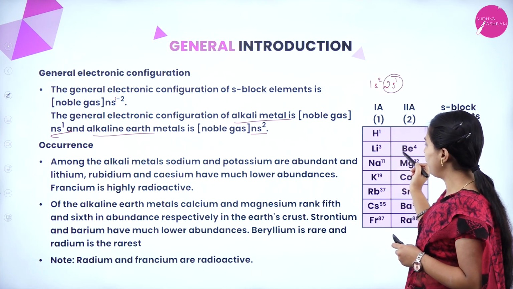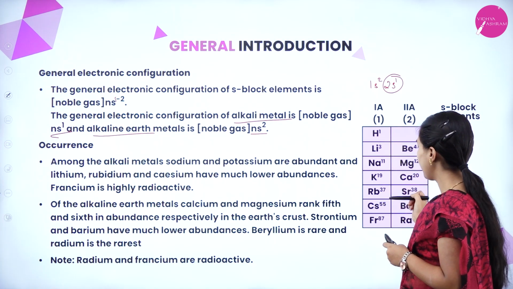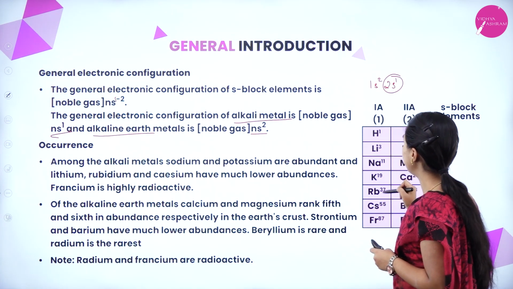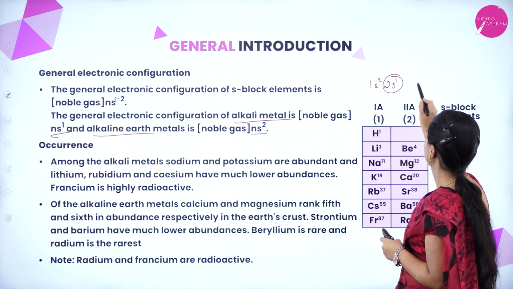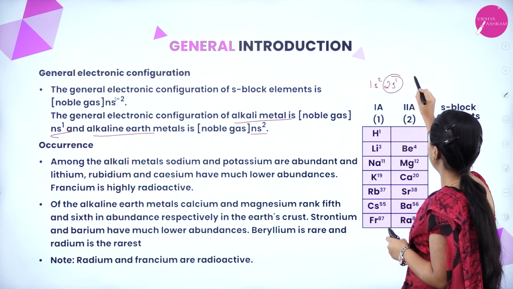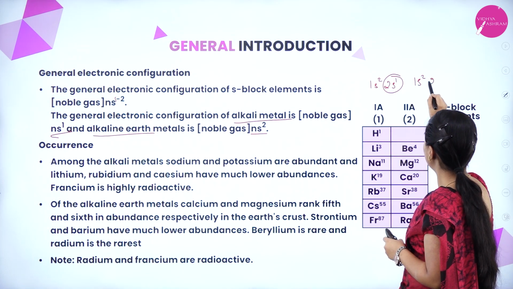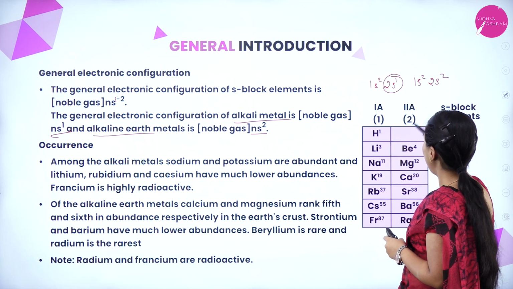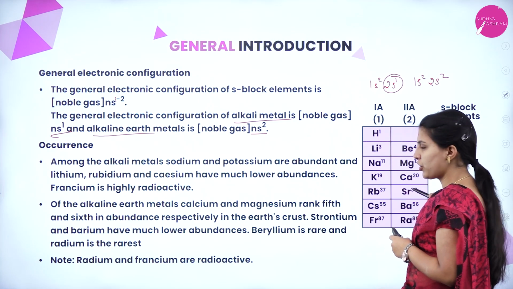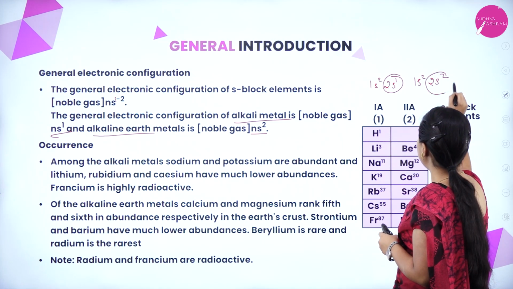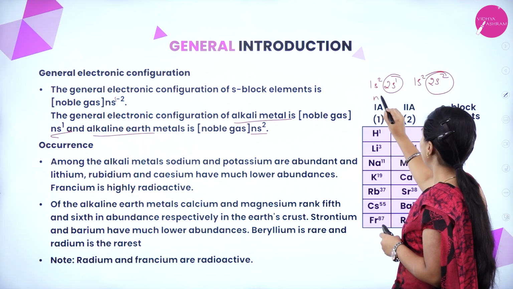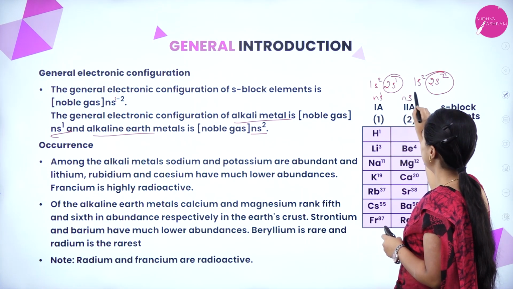If you take sodium, potassium, rubidium, cesium and francium, all will end up with S1. For beryllium, it is 1s2 2s2, and magnesium, calcium, strontium, barium and radium all end up with Ns2. This is having Ns1, this is having Ns2.